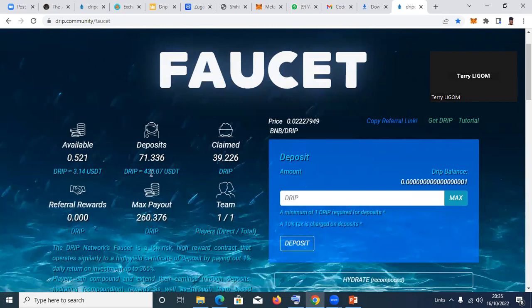Currently, this token is about $430. But when I started my journey, the first deposit I made here was around $150. So what happened is DRIP is telling you that you make 1% of whatever deposit you have here, and then you claim it on a daily basis to compound. So this compounds for you, and you can withdraw it directly to your wallet instantly and utilize the money for whatever you want to do.